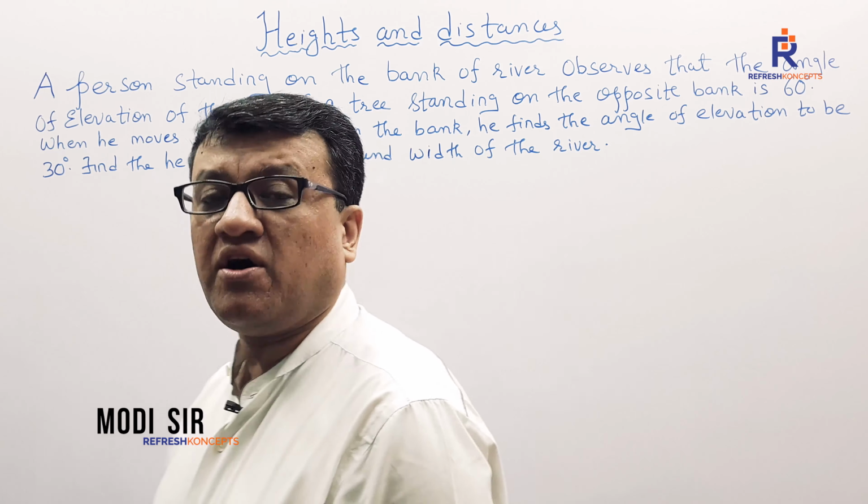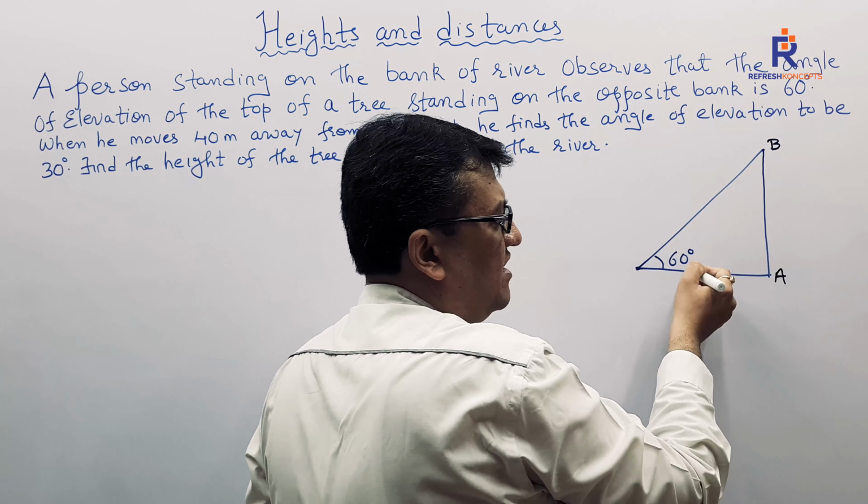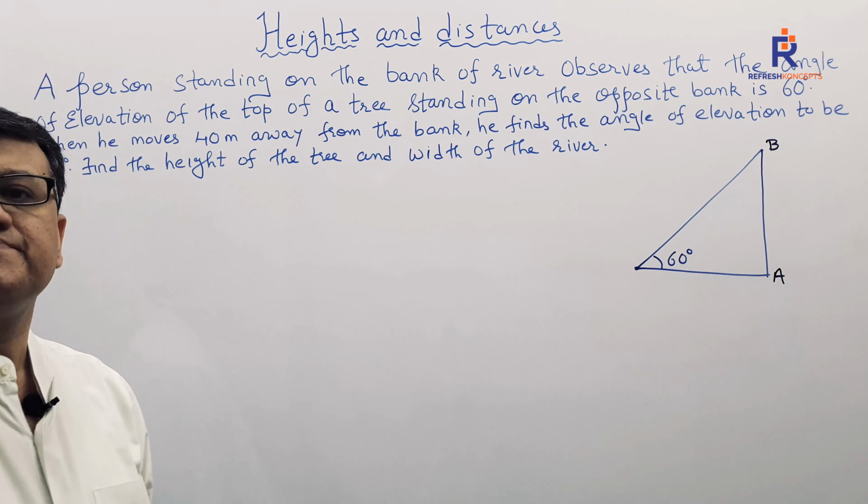So this is what the angle of elevation is, 60 degrees. I repeat what we have done up till now. Let AB be the height of the tree. The person standing on the opposite side of the river, that is the bank, observes the top of the tree with an angle of elevation of 60 degrees.